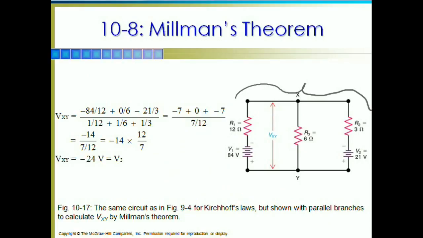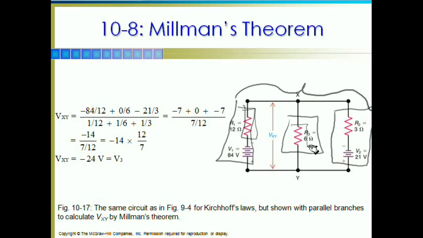What Millman's theorem says is the sum of each branch's current, taking each branch by itself, over the conductance of each branch. The sum of the conductances of each branch will give us the common voltage across any 2 points, that is, across our load.